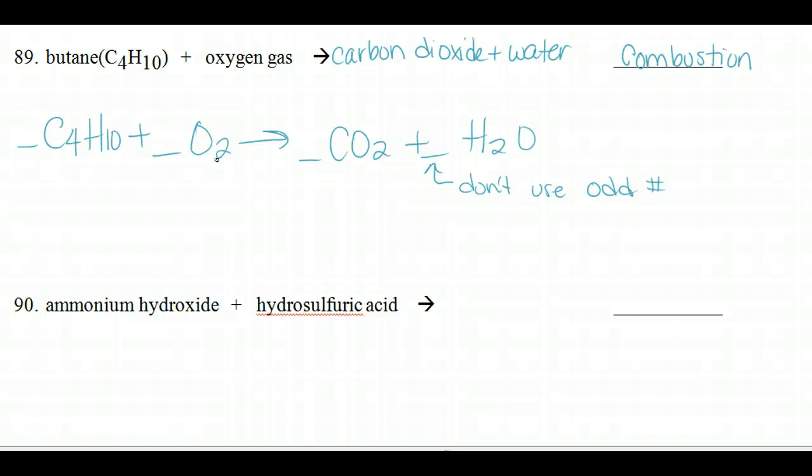So to make that odd number even, we're going to go ahead and multiply it by 2, which will make it an even number, which will give me actually 20 hydrogens on that side. So now I need to fix the hydrogens on the reactant side by placing a 2 in front. So because the hydrogens are all set, I move on to carbon. I've got 8 carbons on the reactant side, and so I need to put an 8 in front of our CO2.